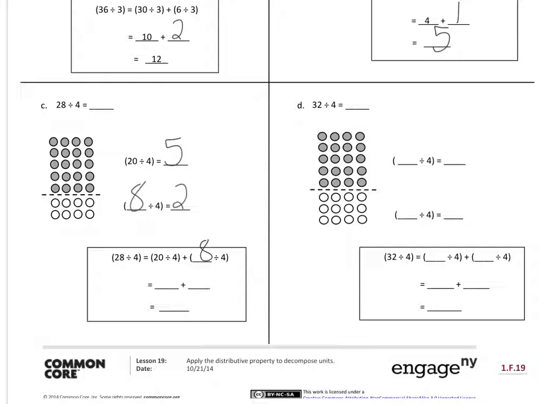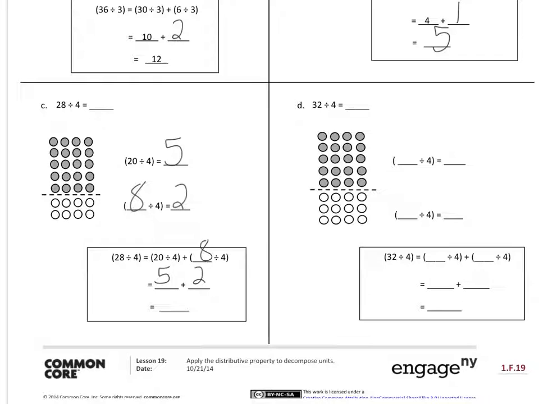So now I'm doing 28 divided by 4 equals 20 divided by 4 plus 8 divided by 4. At the top we said that 20 divided by 4 equaled 5. So I'm going to write my 5 underneath of that equation. We also said 8 divided by 4 equals 2. So I'm going to write my 2.